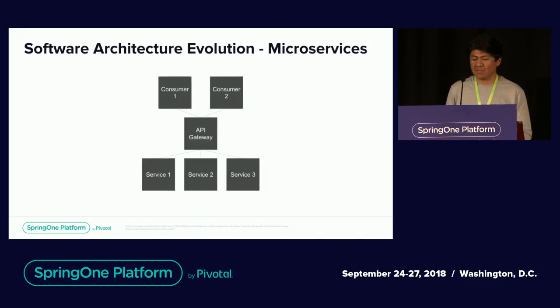But since we are moving to the microservice architecture, we don't have just one consumer. We have a lot of consumers right now. And it's not just a web application. There are also Android devices that are consuming services, iOS, or well, mobile devices in general.